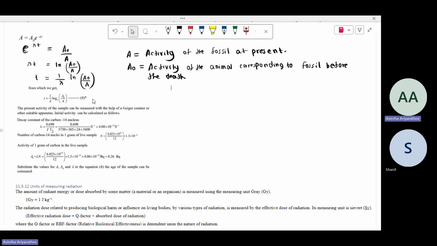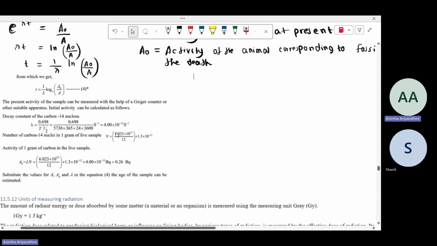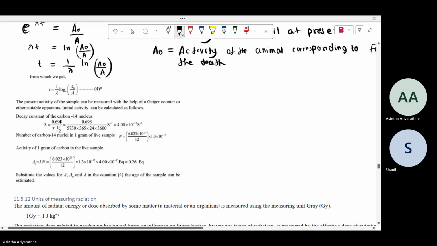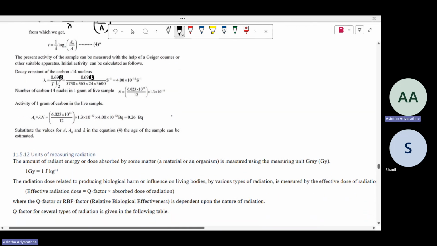It is the correct value, but here it is given as 0.698. That doesn't matter, we get the same answer. The correct value of ln2 is 0.693, so you can change it here. And that is called carbon dating.